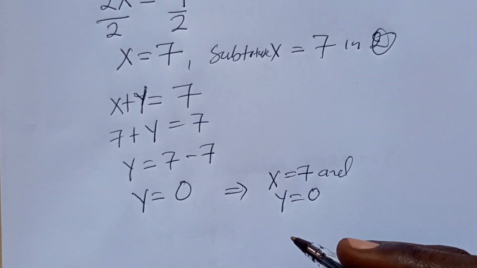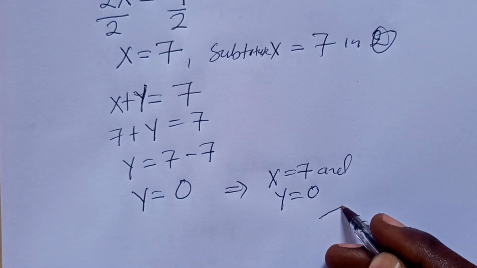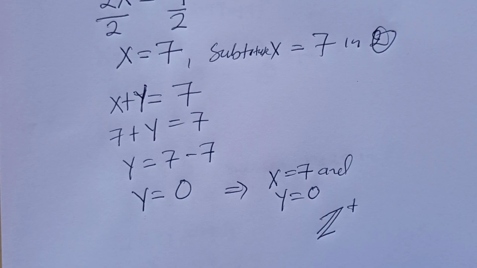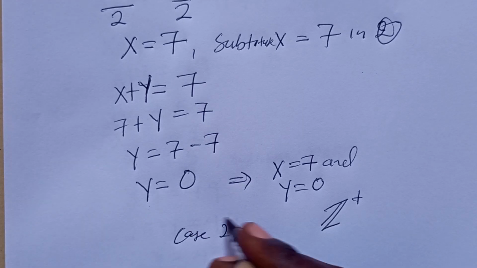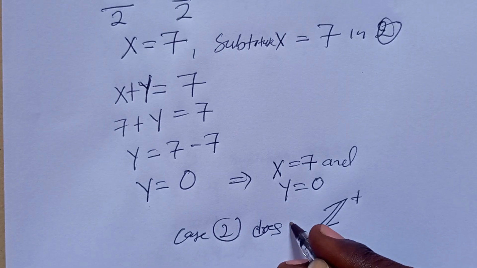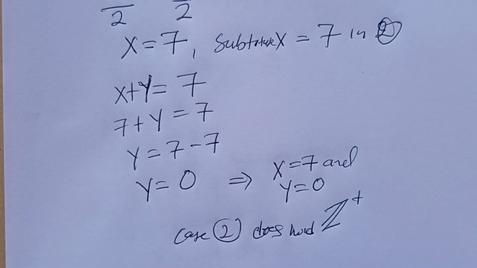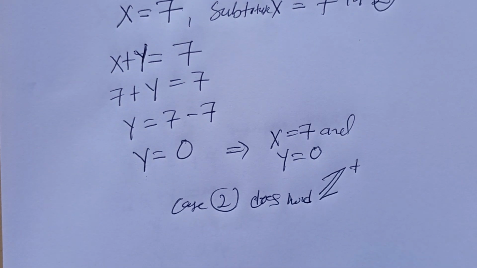But note our condition. We are asked to look for both x and y in positive integers. So you can see that this is not part of positive integers, which implies case 2 does not hold for our answer, because we are asked to only give the values of x and y in positive integers.